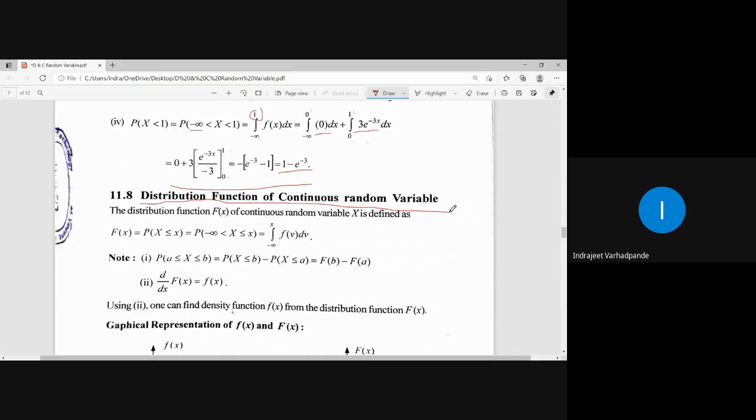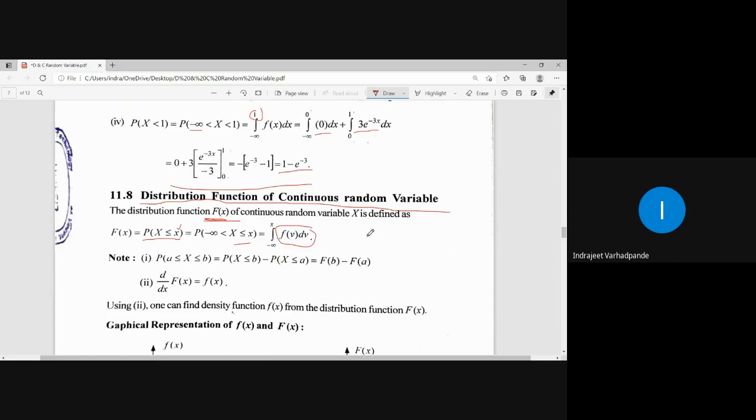So here also we will be calculating or writing down the distribution function for the continuous random variable. Write: distribution function of continuous random variable. The distribution function is denoted by capital F of x, and it is defined as the probability of X less than or equal to x, means the integral from minus infinity to x of f of v dv.